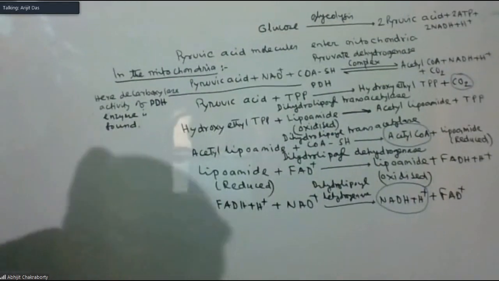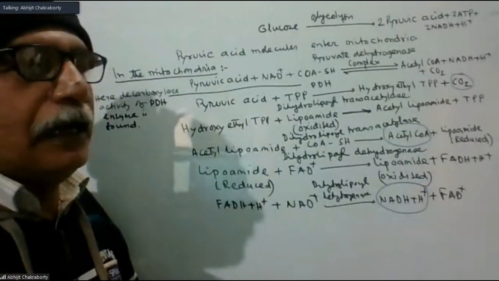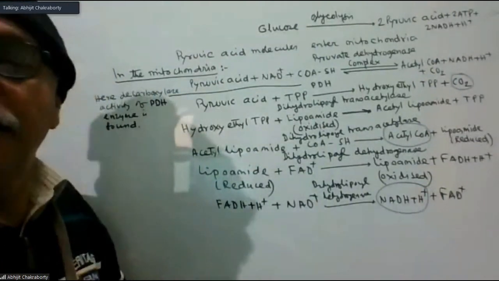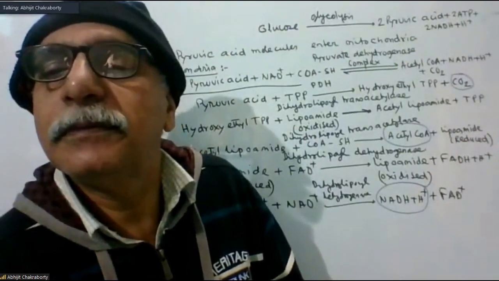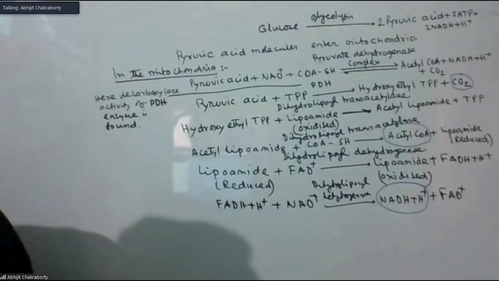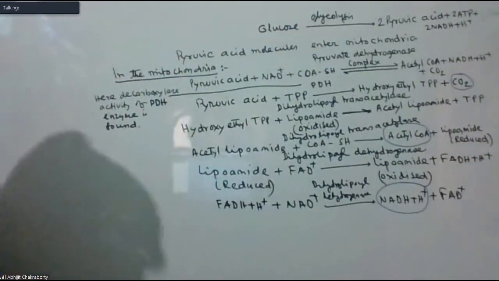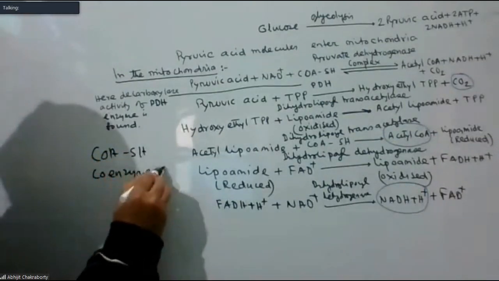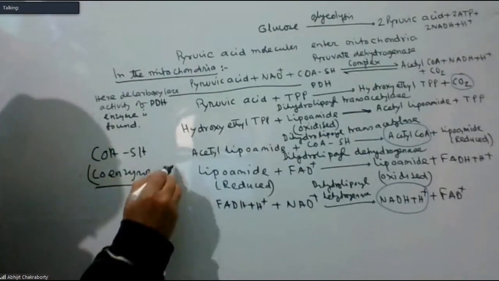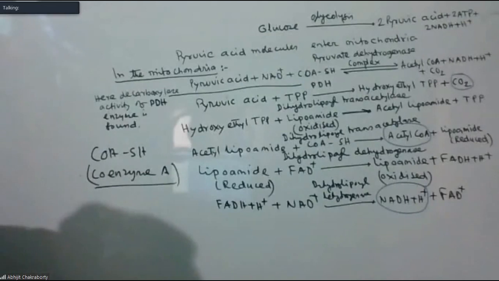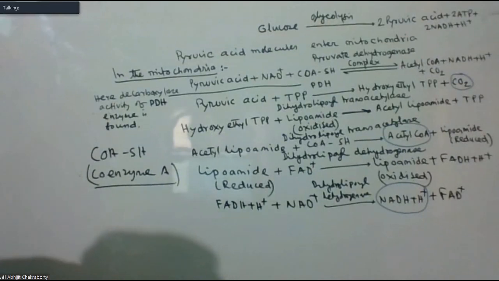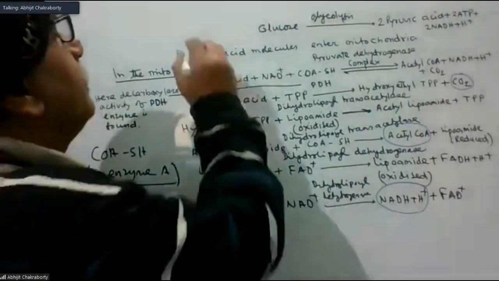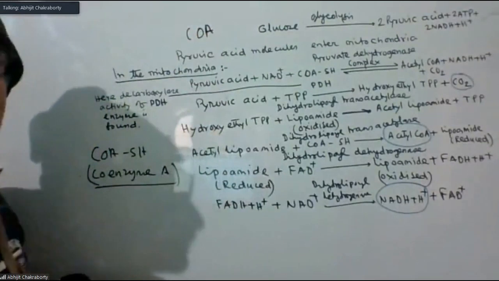Sir, what is the full form of CoASH? CoA and SH together are called coenzyme A. If you write CoA, then also it means CoASH actually.